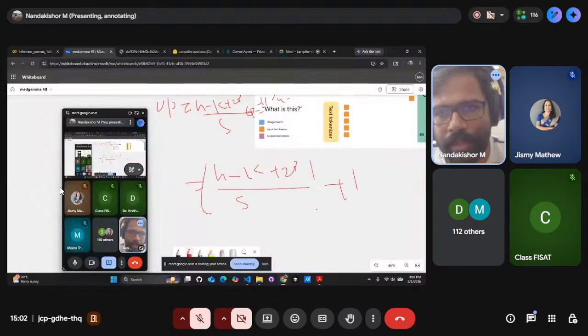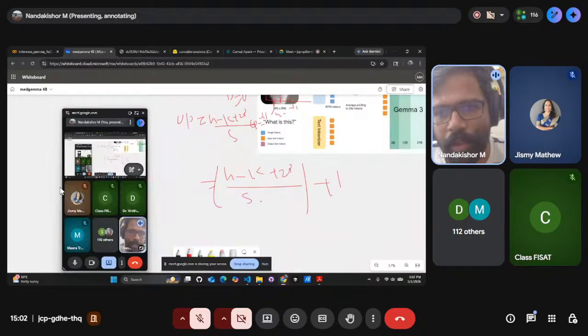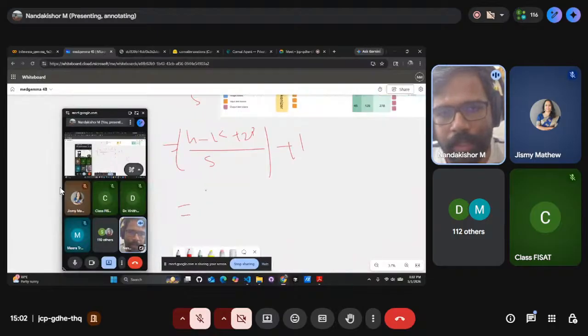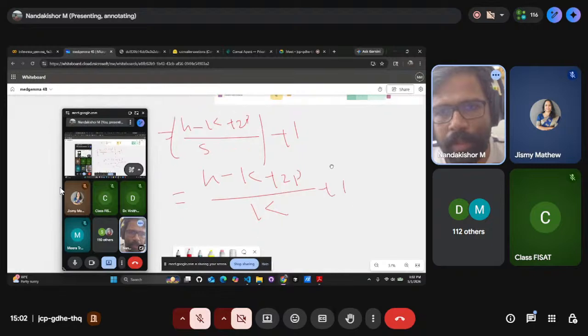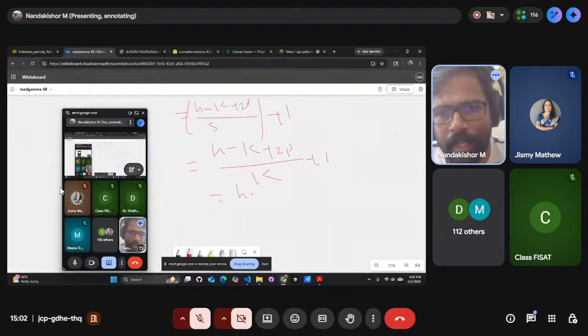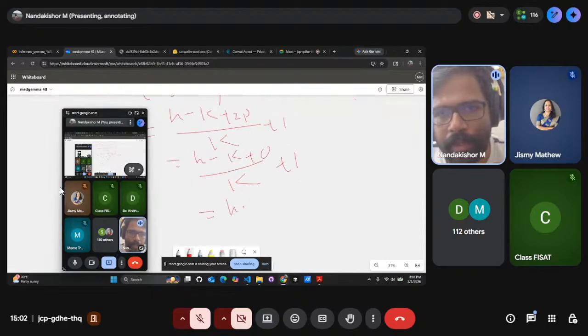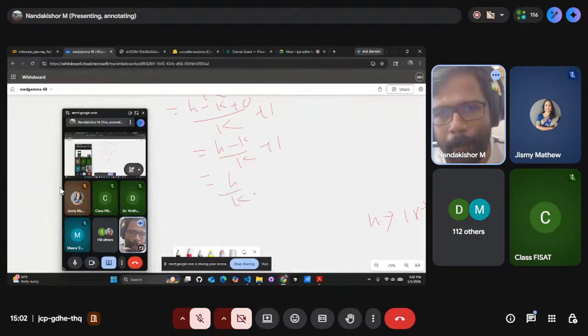So this equation becomes h minus k plus 2p divided by k plus 1, which means h minus k plus 0 divided by k plus 1 is equal to h minus k divided by k plus 1, which is h by k minus 1 plus 1, h by k.